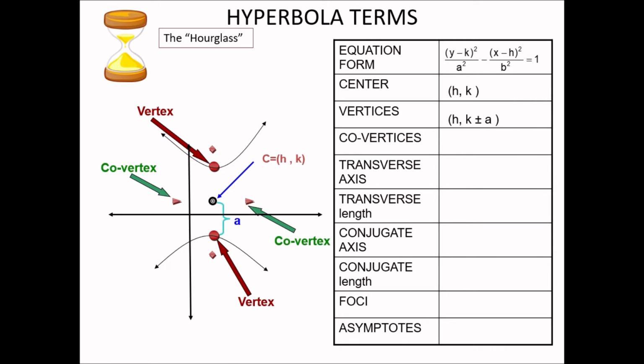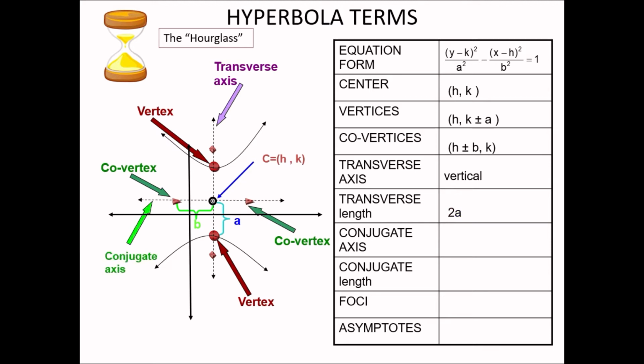How about the co-vertices? H plus or minus b, k. That is the coordinate. The transverse axis natin, kung kanina ay horizontal, ngayon ay vertical. Transverse length, the same din, 2a. Conjugate axis, we have horizontal, and conjugate length is 2b.